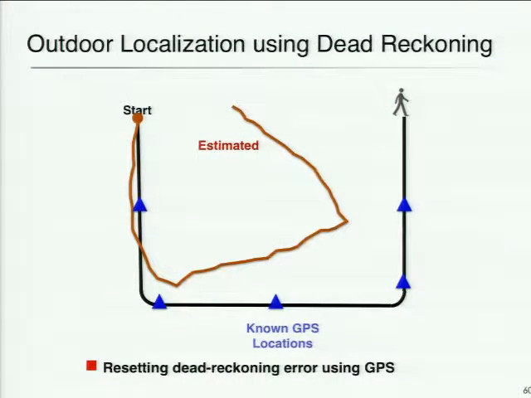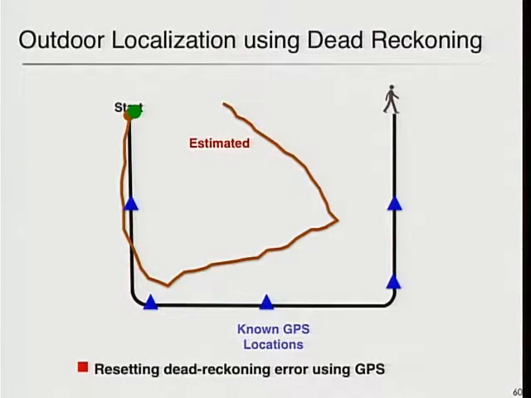But outdoors we have GPS, and it's possible for us to correct these walking trails at known GPS locations. Let's see how. Let's say we started from almost the same starting point. We walked a bit, we consulted GPS and found the actual ground truth location, and we corrected the dead reckoning error.